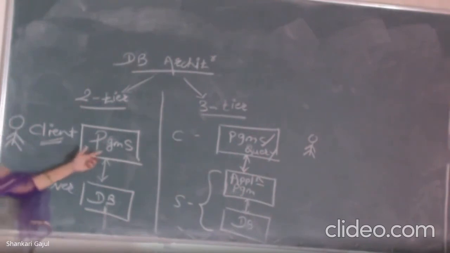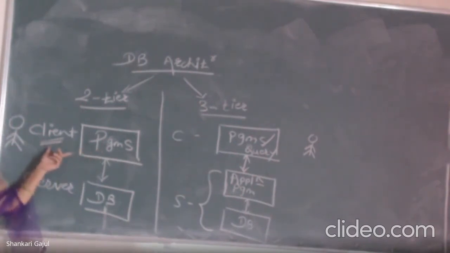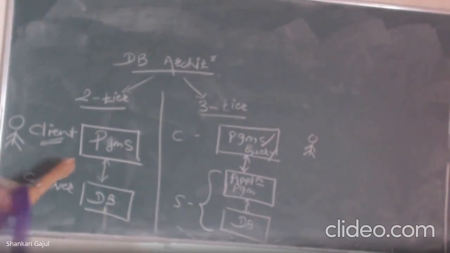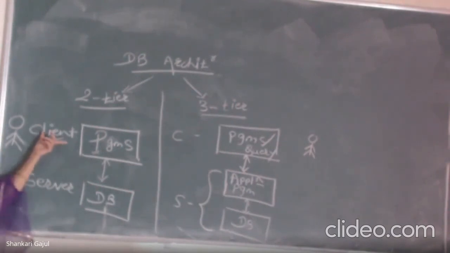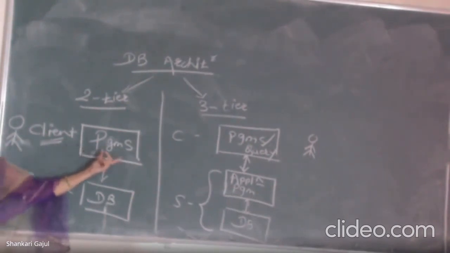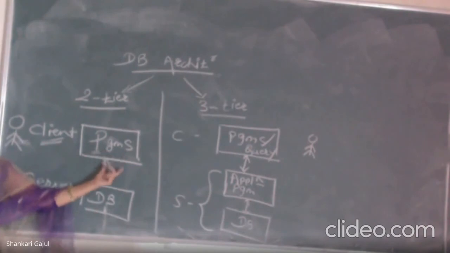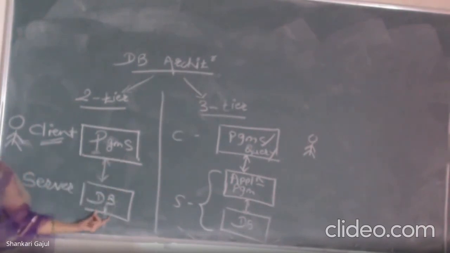The programs are present on the client side, on the front end. The written programs are present on a particular client machine. So this is my client. By using this program, the user can interact with the database.